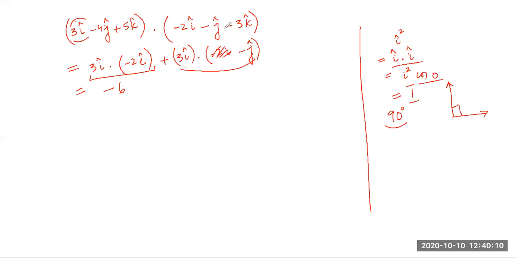The only components which will contribute to my answer would be when I multiply i with i, j with j, k with k. Otherwise, whenever I'm multiplying j with i or j with k, answer would be 0. Or k with i or k with j, answer would be 0. So this will be minus 6.